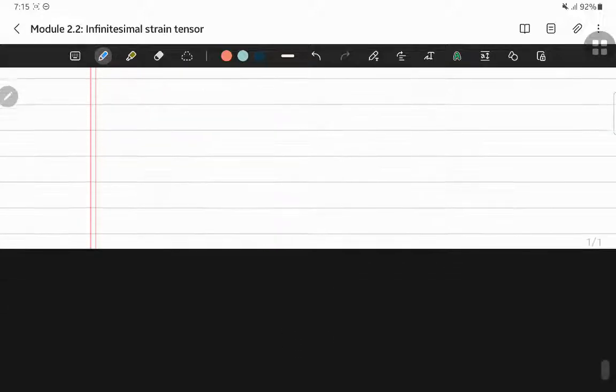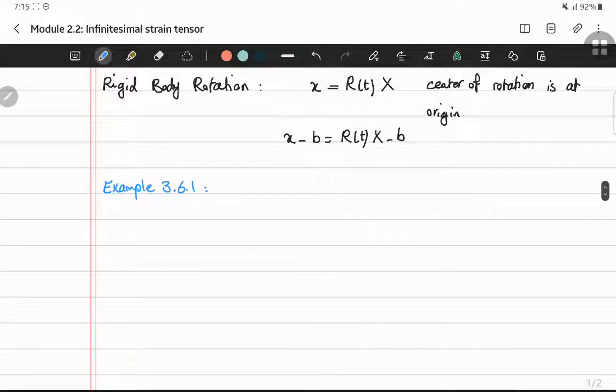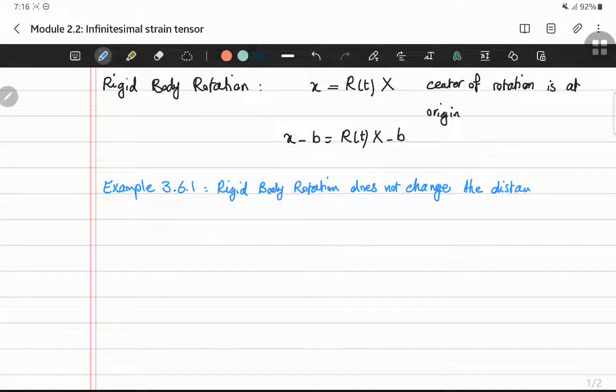The aim of this example is that rigid body rotation does not change the distance between any pair of material elements, any pair of material points.